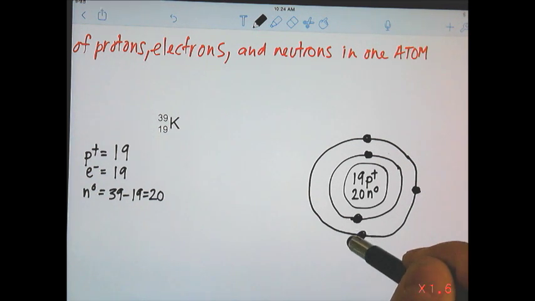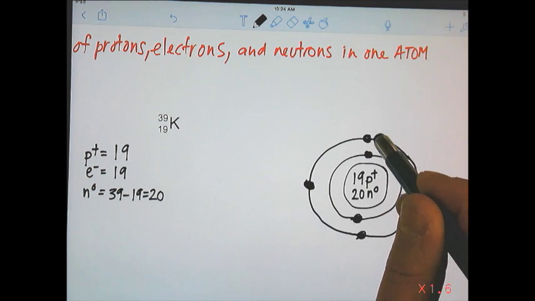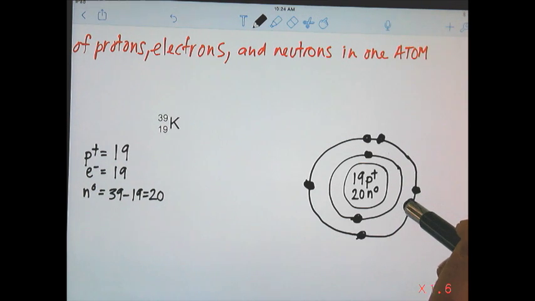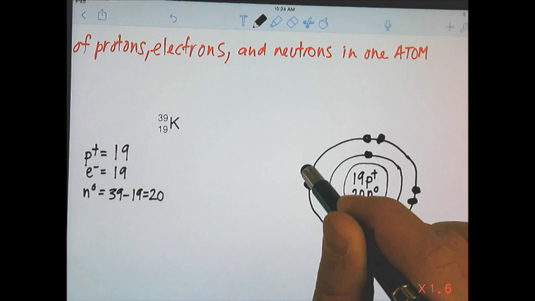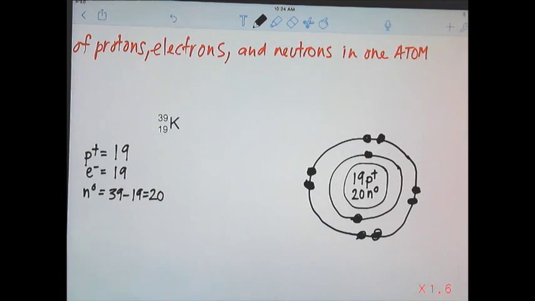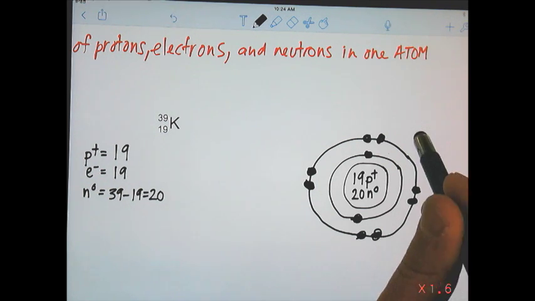Remember, place them in each of the rooms by themselves before you double them up. So far we have added 10 of the 19 electrons around the nucleus, but we have 9 more to add in. So we have to draw an additional energy level.